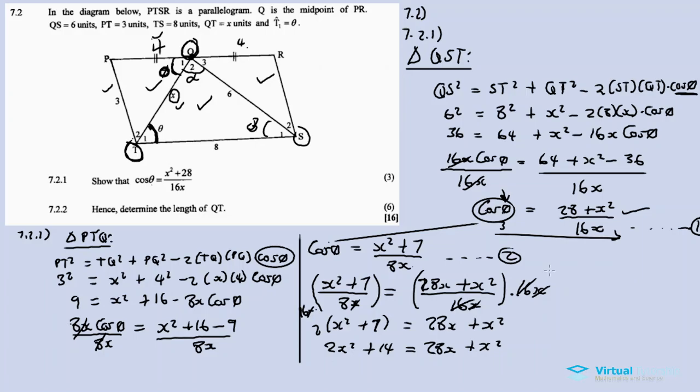So you get 2x squared minus x squared minus 28x plus 14 equal to 0, which gives x squared minus 28x plus 14 equal to 0.